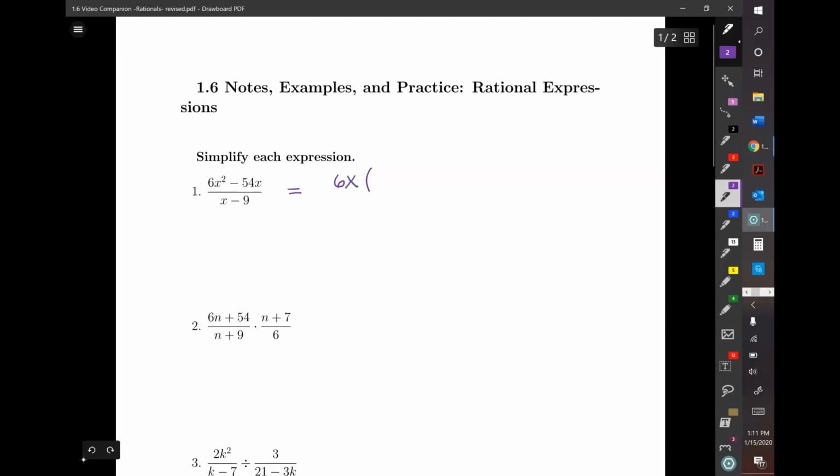So I have 6x times quantity x minus 9, and then all divided by x minus 9 in the denominator. Now I can see that x minus 9 would be over itself, so I would have 1 that reduces down or quote-unquote cancels, and the answer leaves me with 6x. So that's my final answer on that.